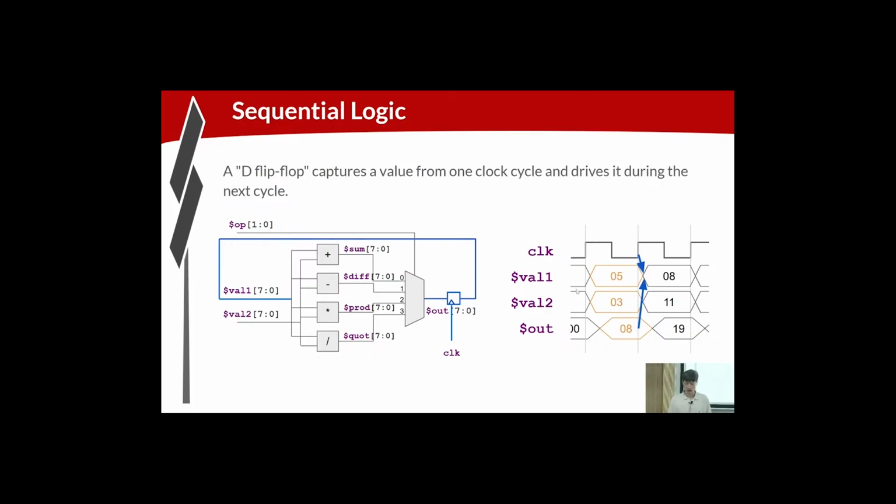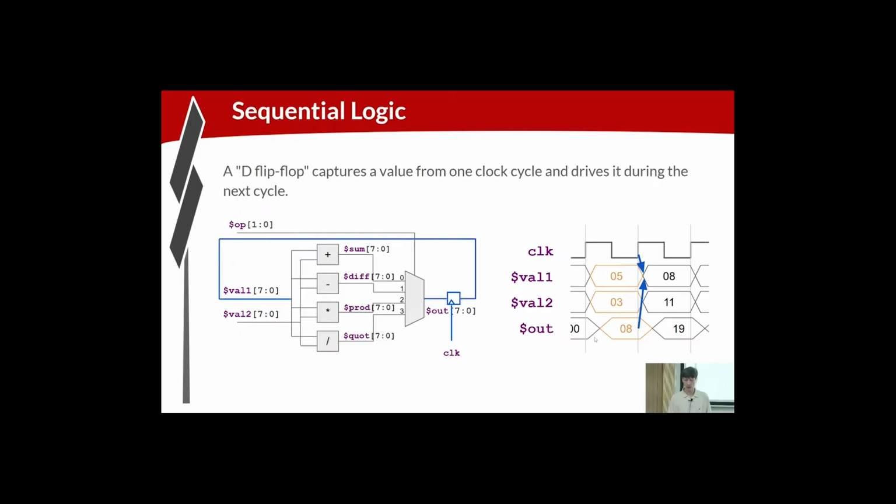So let's see. So in the waveform here, val1 and val2 perhaps are driven by a clock edge. Val1 certainly is. It comes straight from the flip-flop. And let's say val2 also is driven out of a flip-flop. Those transitions will happen fairly immediately at the clock edge. The output's going to take time. The values have to propagate through.